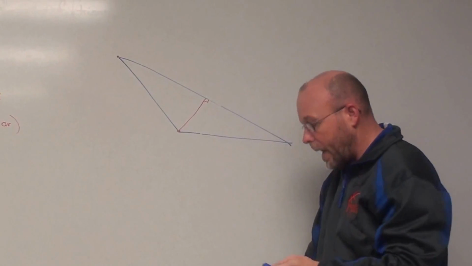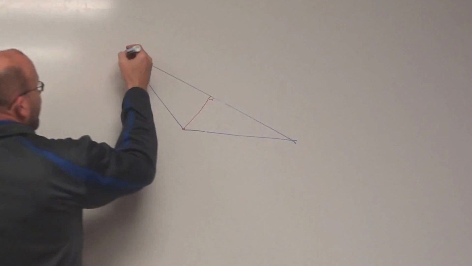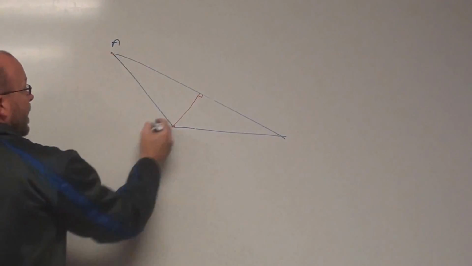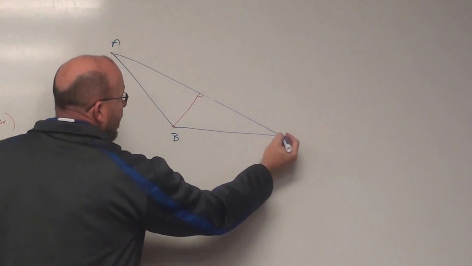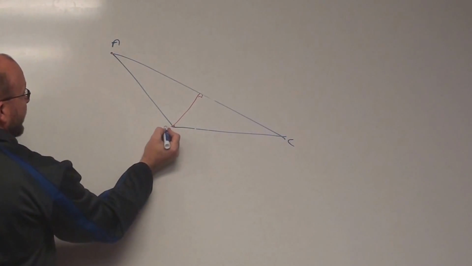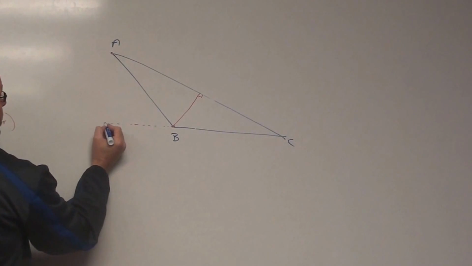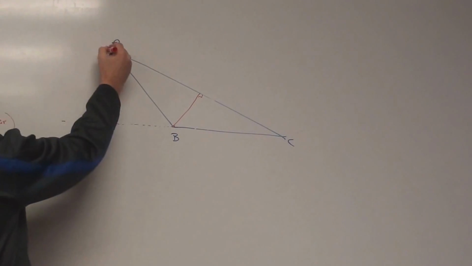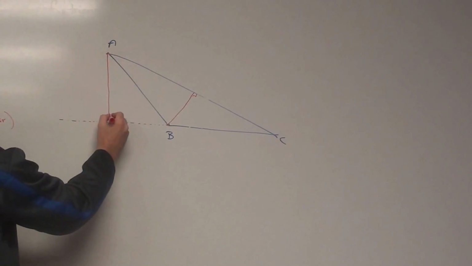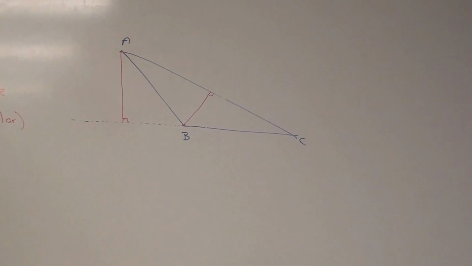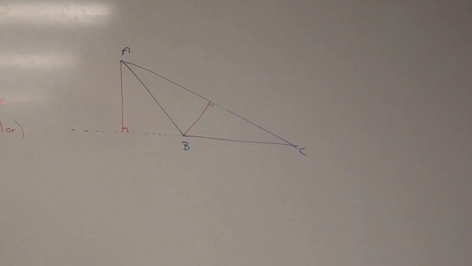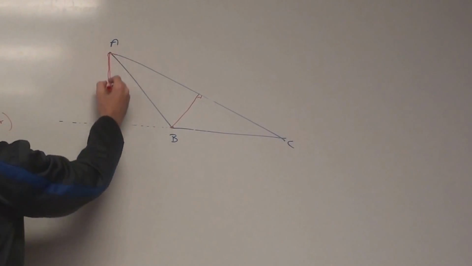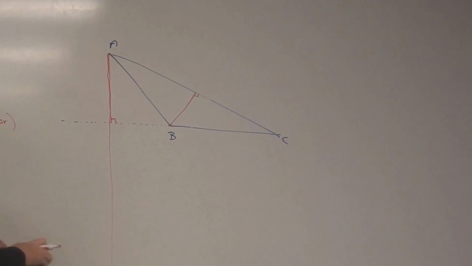So the trick on an altitude is, if I'm going to go from this point, we'll call it A, to this side, BC, and I want it to go at 90, I have to extend BC out past the triangle. Now I can drop my altitude. It's going to intersect the other side at 90, but I have to extend that side. That's why these altitudes actually end up intersecting outside the triangle.